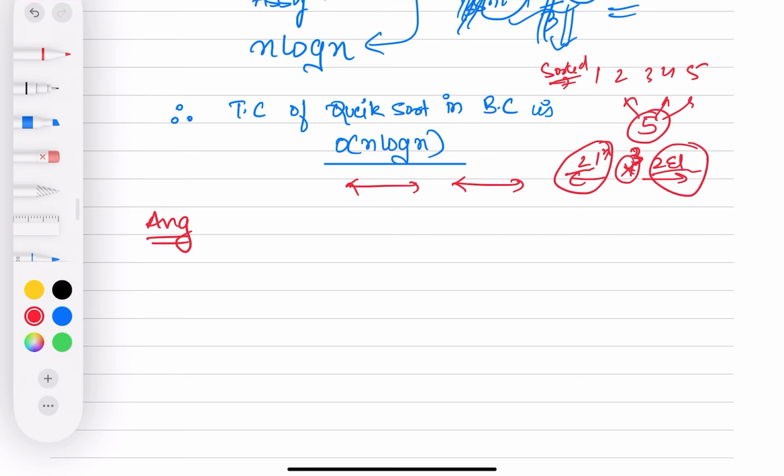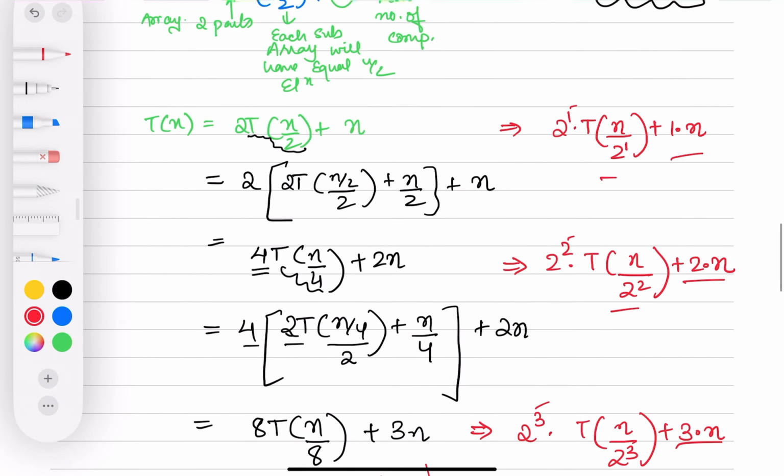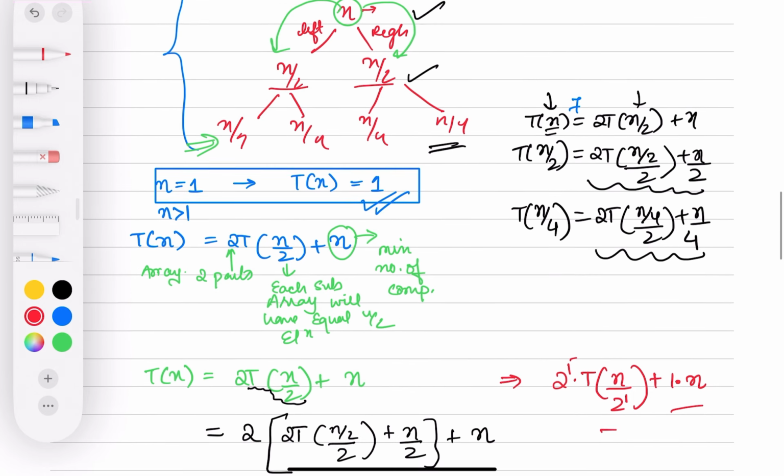In the average case, you might not get equal partitions. You will get two partitions, but those partitions might not be of equal size. That is, one will be of size k and the other will be n minus k. I'm just considering it. But if you think of this, will it be equivalent to the same phenomenon?